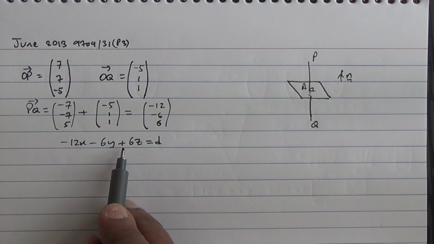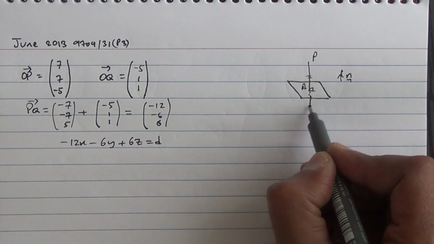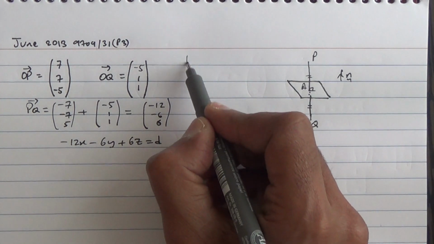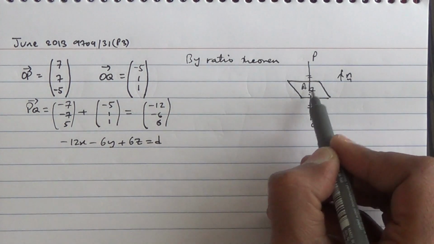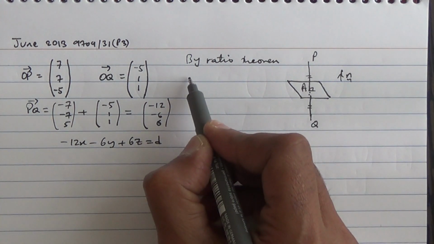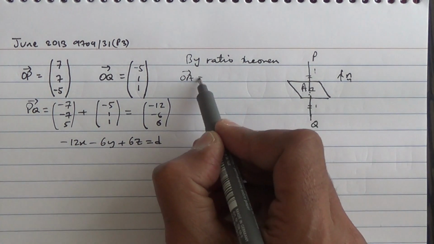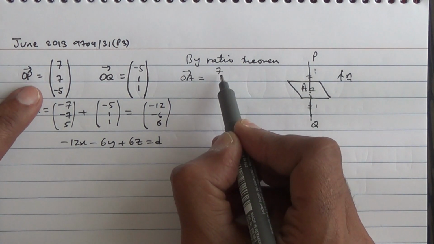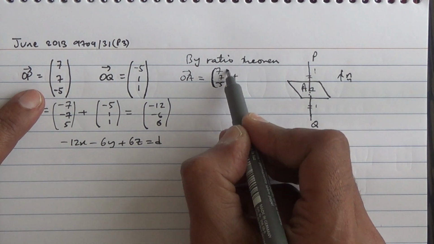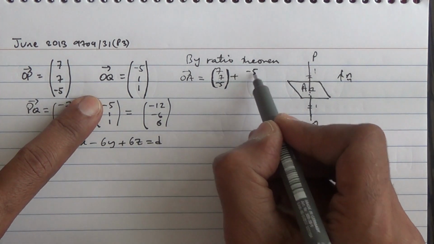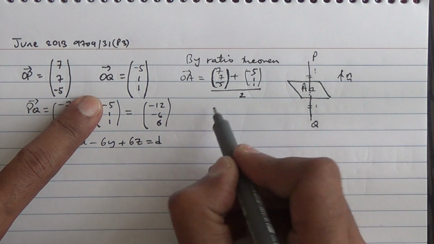We need a point to substitute in there. That's the point A. We are also told that A is the midpoint of PQ. So by the ratio theorem, we could find the vector OA. OA is going to be equal to 1 times OP, which is 7, 7, minus 5, plus 1 times OQ, and OQ is minus 5, 1, 1, and then you divide all of them by 2.